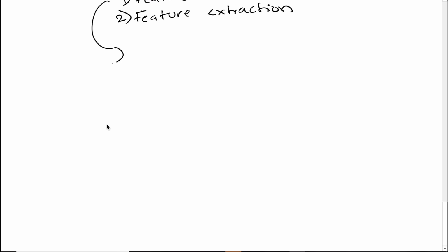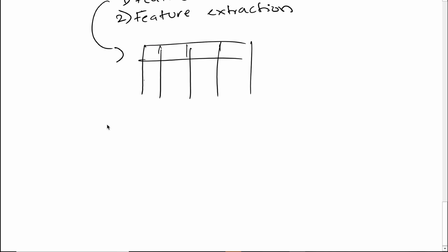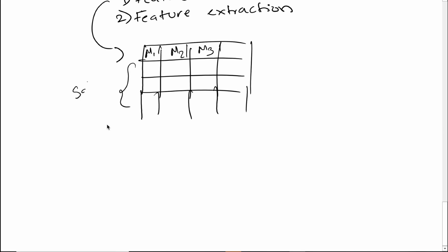Now, what does feature construction mean? Let's say we have a data set with various rows, whatever it is. Let's say we have month 1, month 2, and month 3. Consider this as your sales data. Now we have sales data for 3 months.